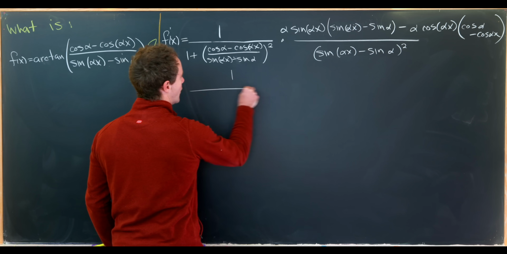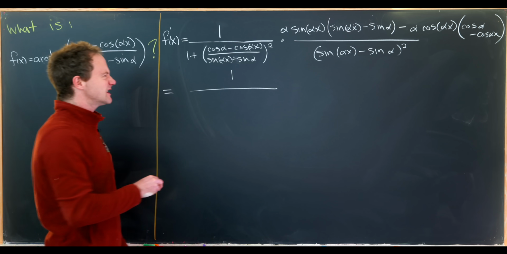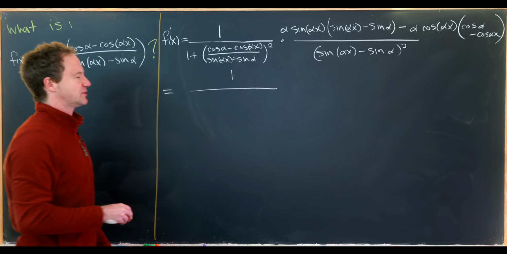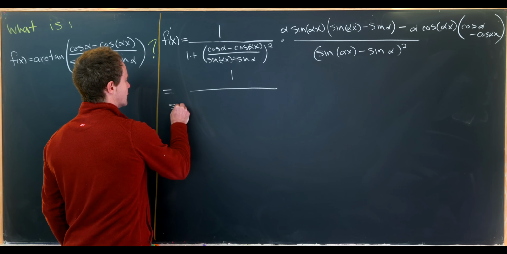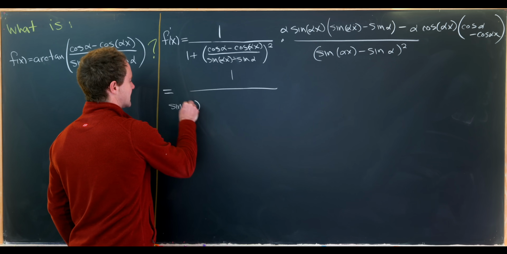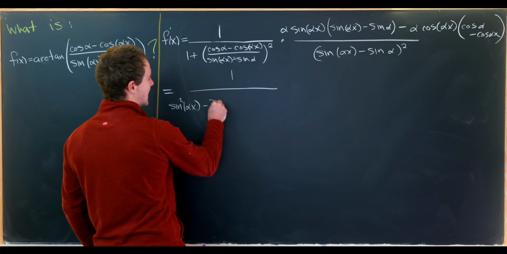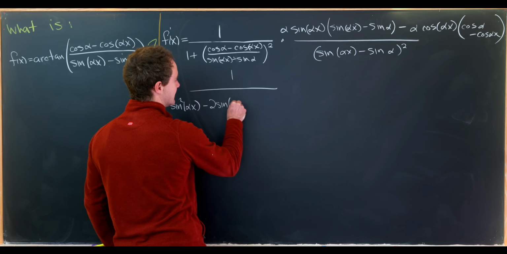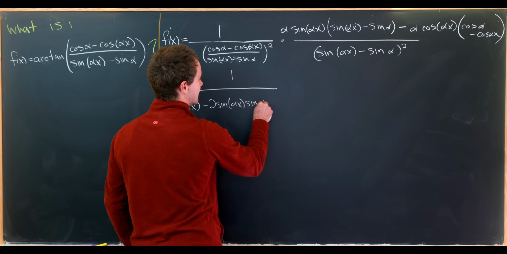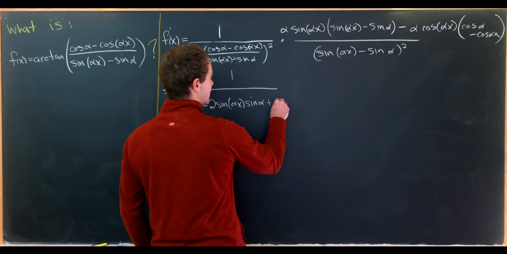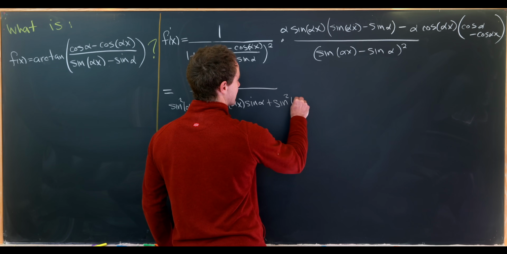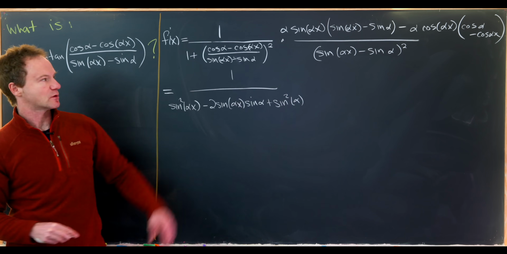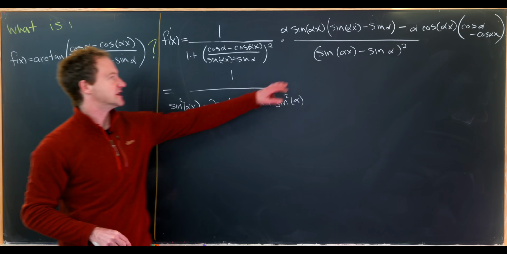So let's see, we'll have 1 over. Now let's simultaneously multiply all of these things out. So we'll have sine squared of alpha x, and then minus 2 sine of alpha x times sine of alpha, and then plus sine squared of alpha. So that's what we get from squaring this term right here.